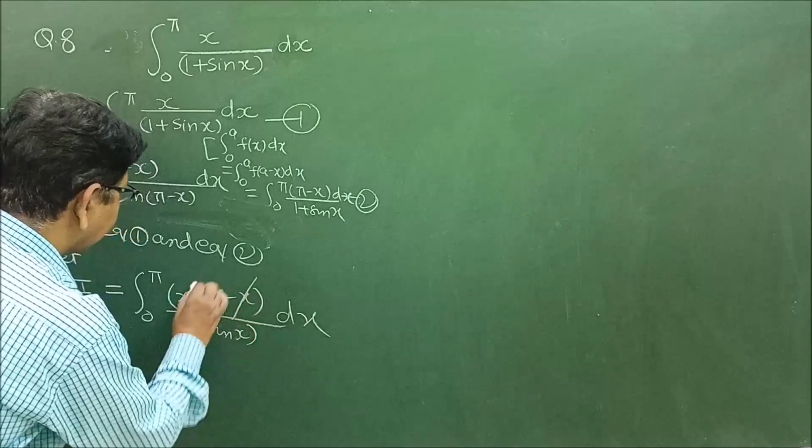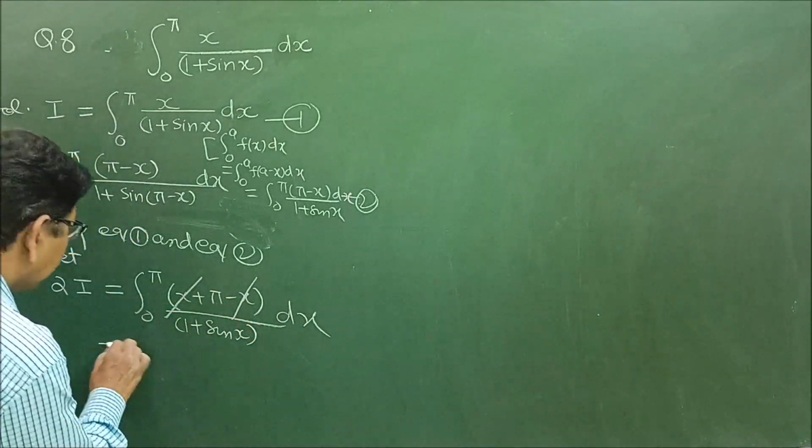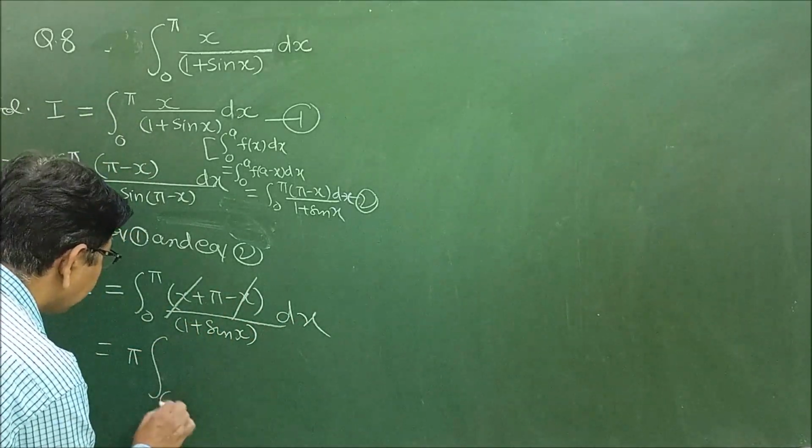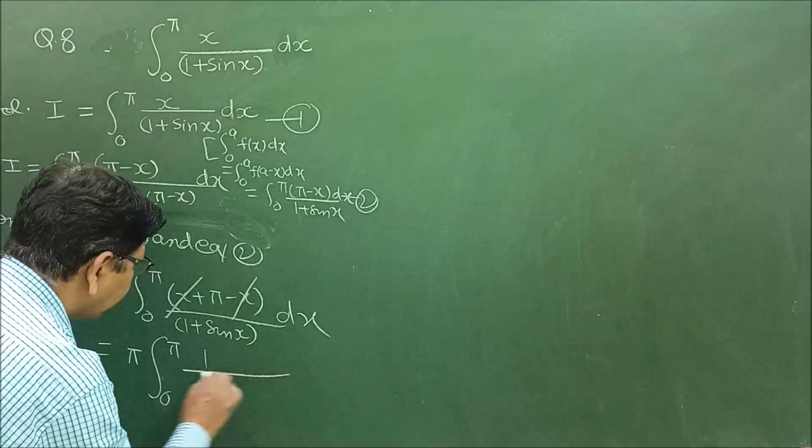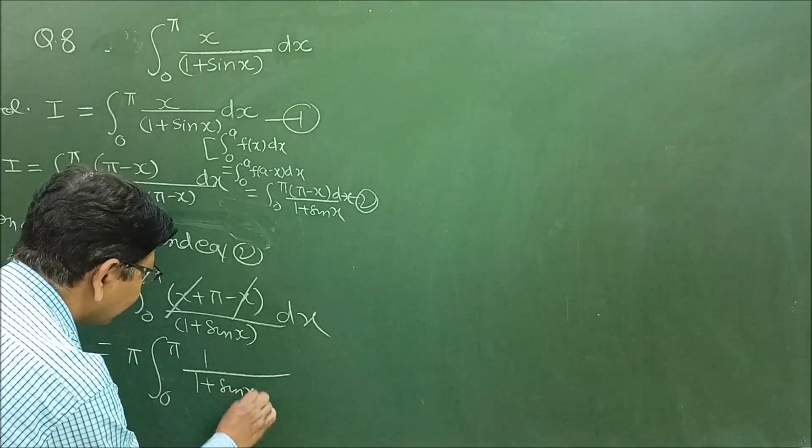This x and x cancel here, so this is equal to pi, a constant, times 0 to pi 1 upon 1 plus sin x dx.